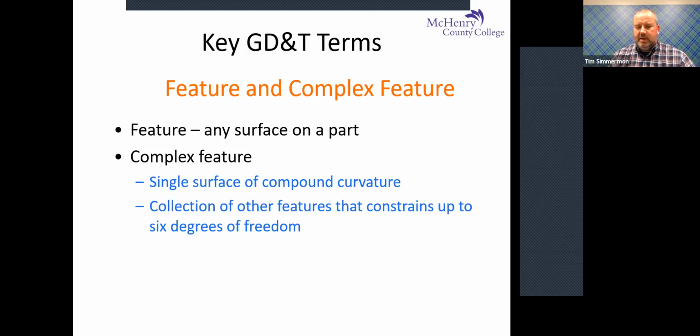So if you think about the handle of a video game controller, or the area underneath a Windex bottle where your fingers go, it's got a bunch of multiple curves, and we consider that in the GD&T world to be a complex feature, whereas a regular feature is a diameter or a flat or a hole.